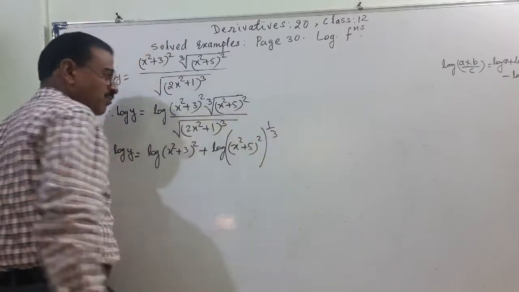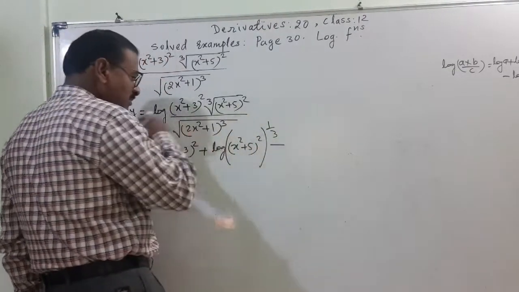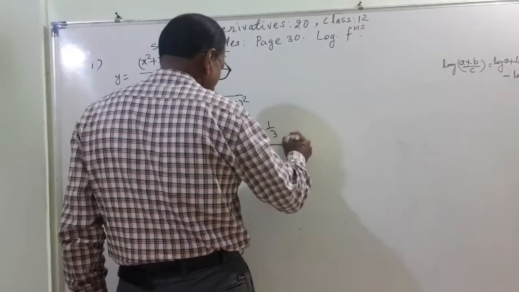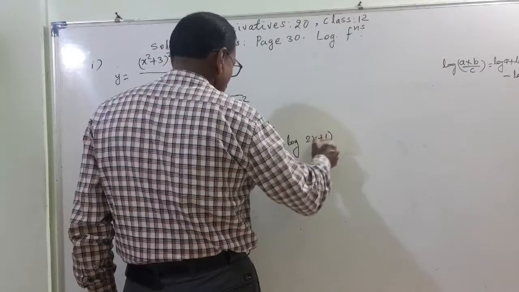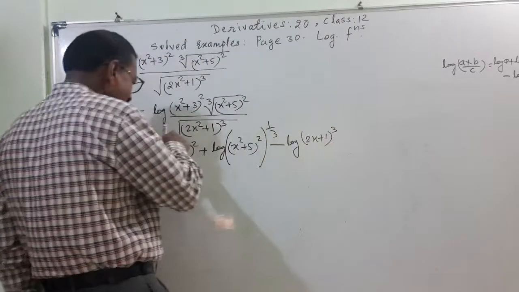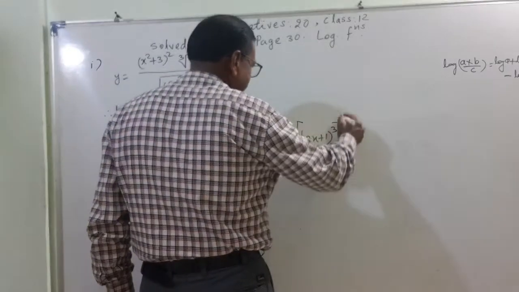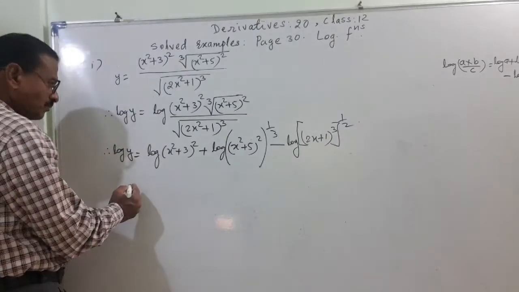Cube root means raised to 1 upon 3. Upon means minus. This is 3 upon 2. So log of (2x square plus 1) raised to 3, and this is root. Root means raised to half.